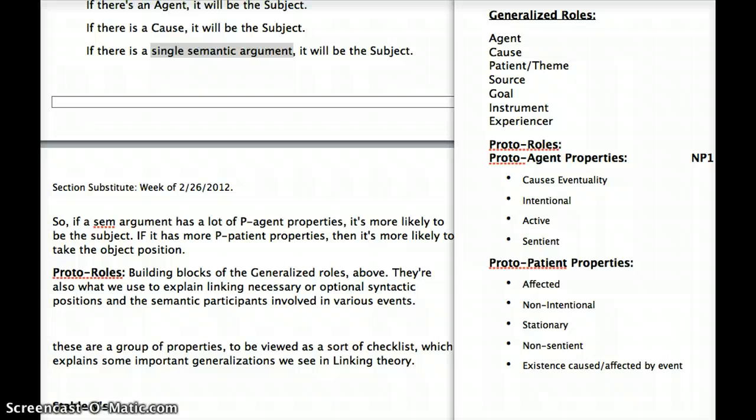These proto-roles that we see on the right are also what we might consider the building blocks of the generalized roles which are above. So an agent is going to be usually a cause and intentional. So we've already seen that agents are a combination of these two. Sometimes they're active and they're probably sentient.